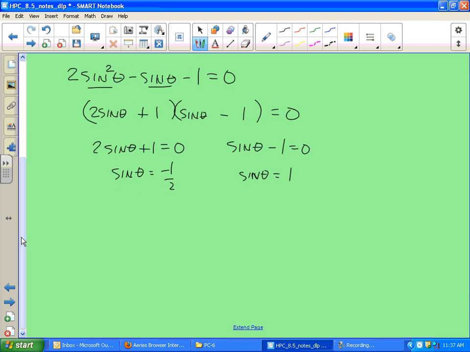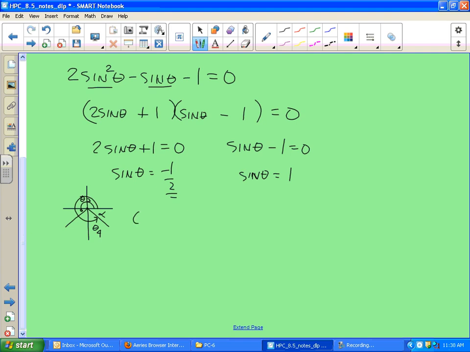So negative 1/2. So we're in negative sine world here for this one. And we know that happens in quadrants 3 and 4. So again, a little sketch. There's one of my angles. We'll call that theta 3. Call that one theta 4. And we're trying to find the reference angle that produced both of those. And we know, hopefully by now, that the 1/2 relationship of y over r comes from a 30, 60, 90 triangle.